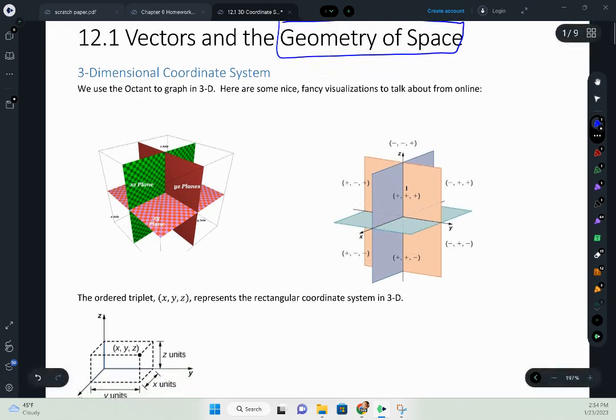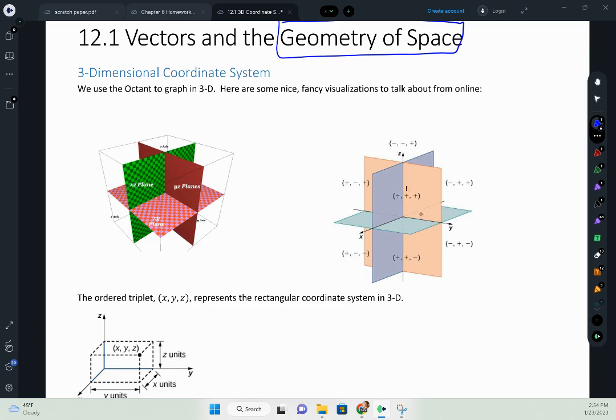I said in class how I really like to think of it as a house where you have 4 rooms on the second floor and 4 rooms on the bottom floor. You can think of the literal floor between the first and second floors as being your XY plane. I'm pointing to the picture on the right.